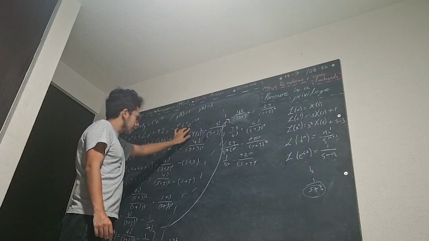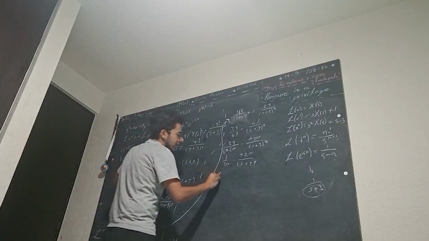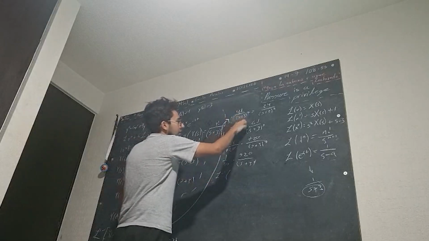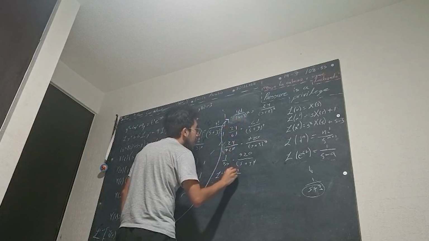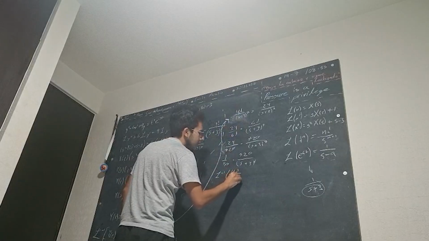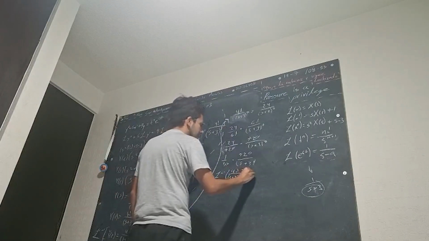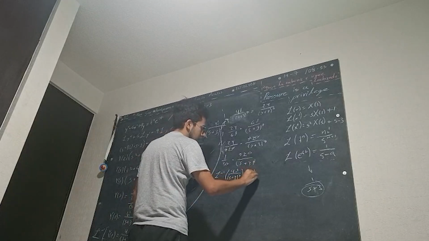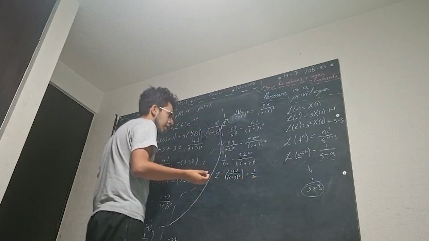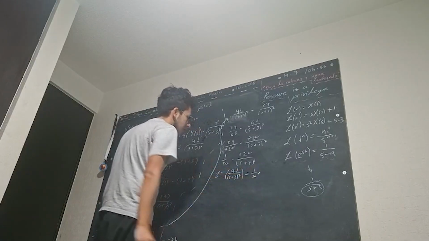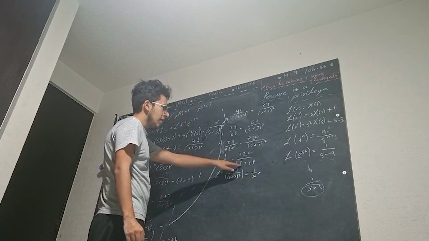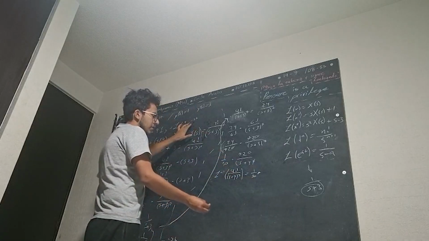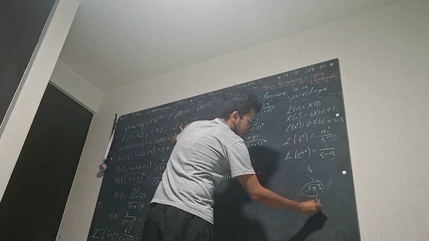So the inverse Laplace transform of this term, 4 factorial over (s plus 3) to the power of 7, will be 1 over 30 times e to the power.